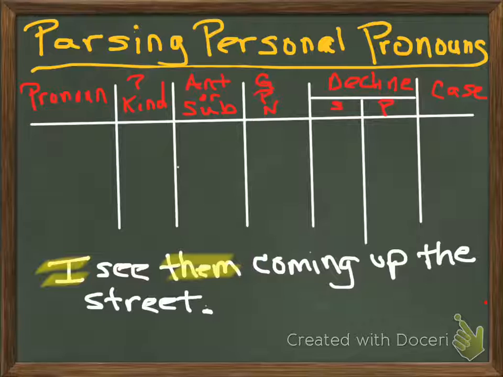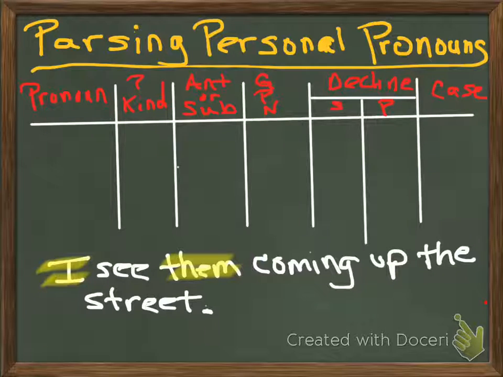And then we go through and tell the properties, gender, person, number, and case. Now, I have broken up gender, person, number, and case separately because we're also going to add in here decline just to make sure we're really getting and knowing those pronouns because they're hard. There's a lot to remember. So here we go. Let's try to apply this.